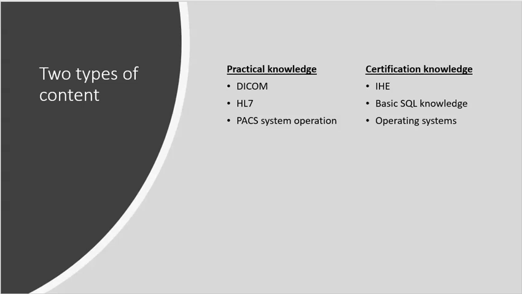It's called bits and bytes. And that is not something you really need to talk about in the day-to-day workings of a PACS administrator. You're not going to sit around and talk about whether that network is running on megabits or kilobits. But you need that information for the certification knowledge, and that's why it's in the course. So, two types of content, everything fits into those.